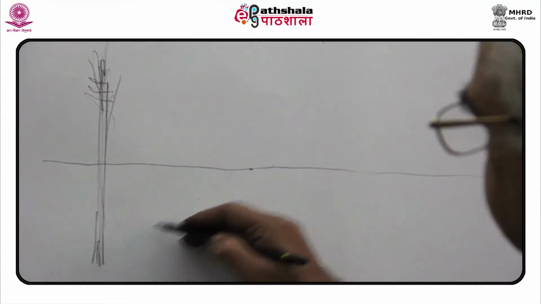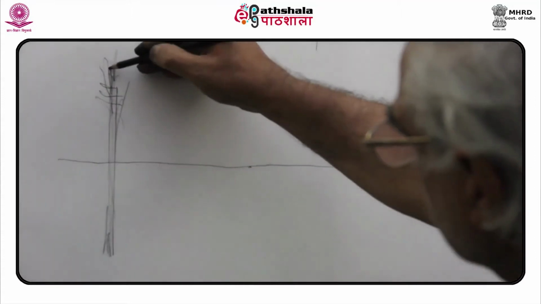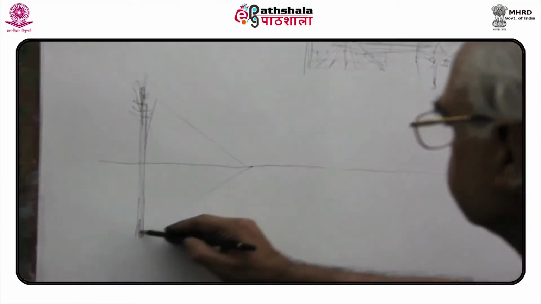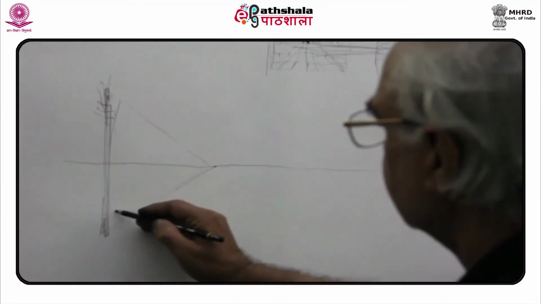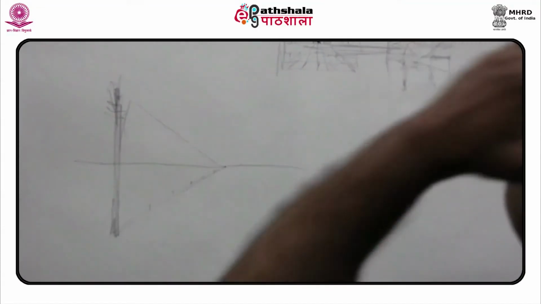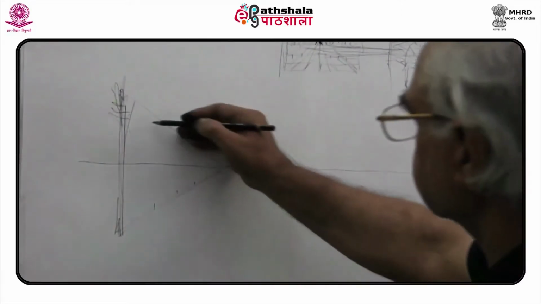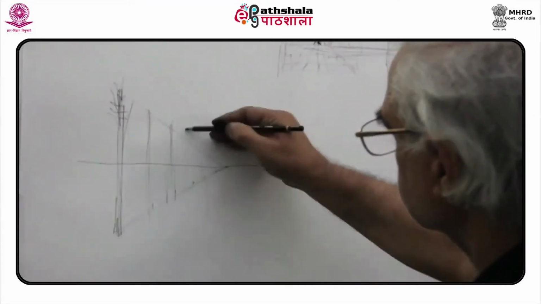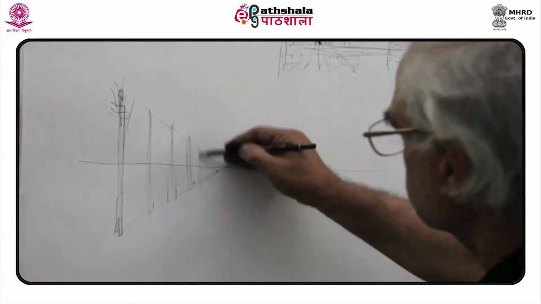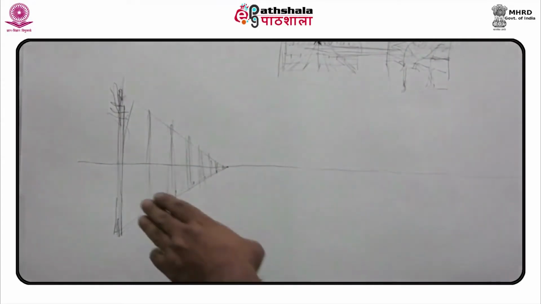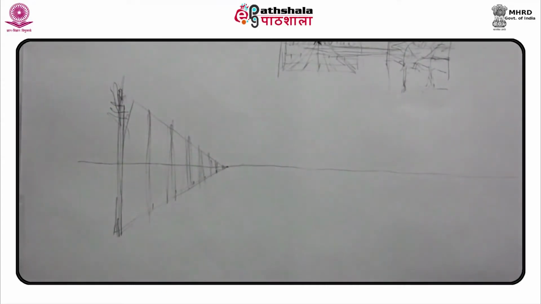From the top and the bottom of the electric pole, draw straight lines meeting the vanishing point. This frame will form a boundary for more poles to be drawn at a distance. Then one can easily decide where to draw a pole without being scared about its dimensions at a distance.